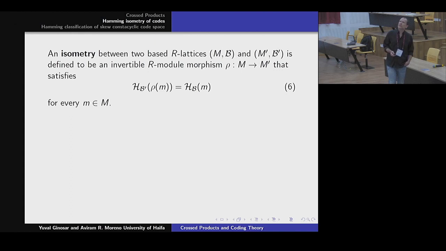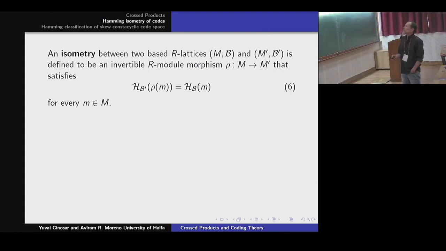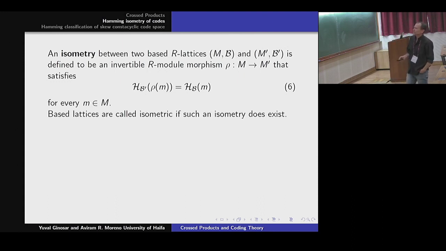An isometry between two based R-lattices, M and M prime, is defined to be an invertible R-module morphism from M to M prime, which satisfies this compatibility equation, comparing the Hamming distances in M and M prime via rho, for every m in M. This is natural, of course.